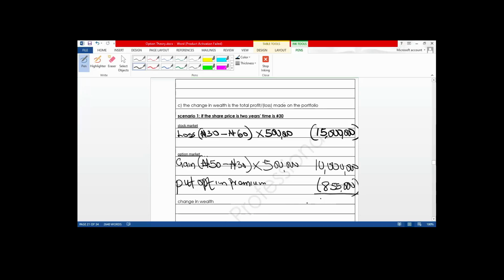You are going to have negative 5,855,000. The worth of the investor will reduce by 5,855,000.